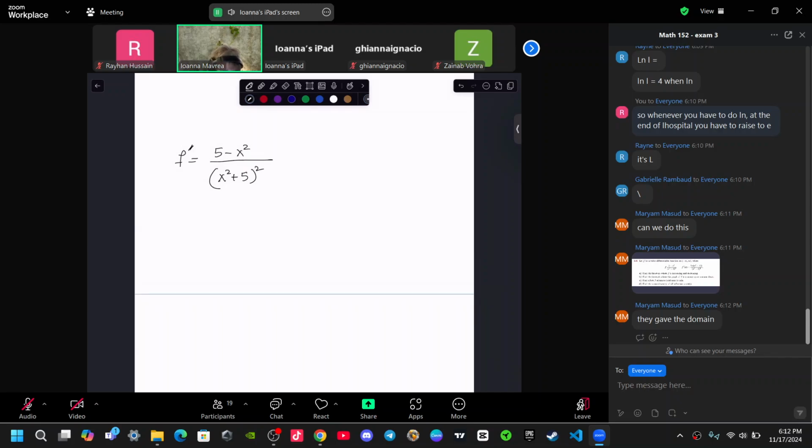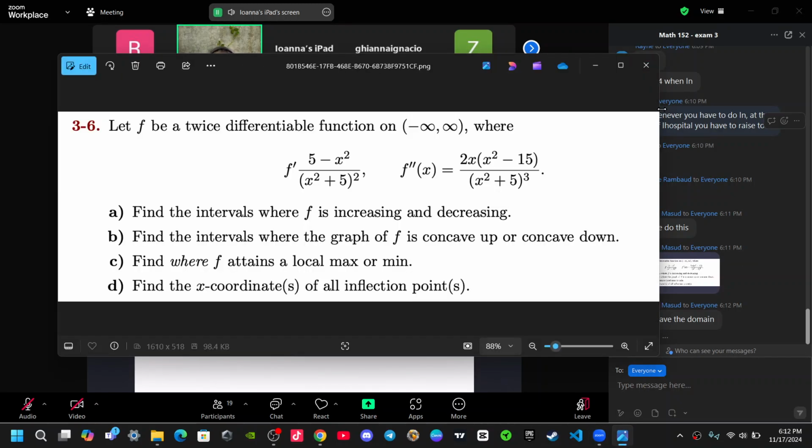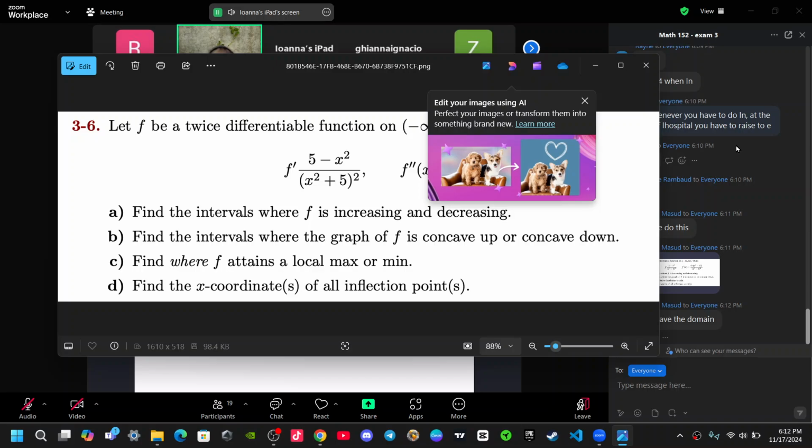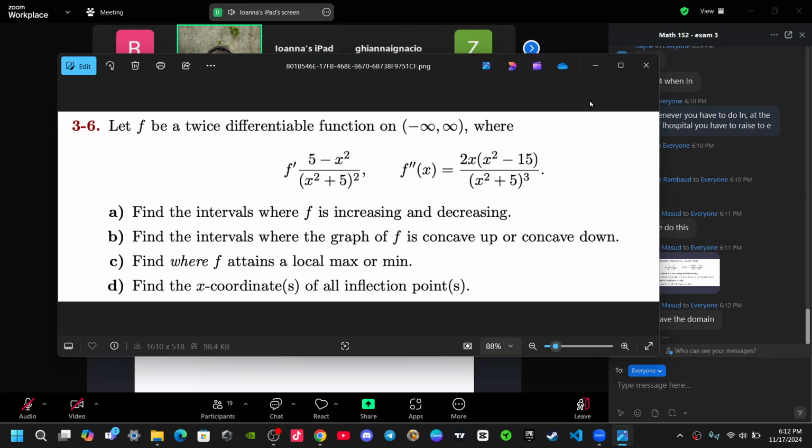So everything is allowed. Second derivative is, so when you find potential critical points and potential inflection points, the potential critical points, you bring them all in. There's nothing to exclude. And the potential inflection points, you don't know if they're inflection points. You need to put them on the table to make sure that the sign changes around them.